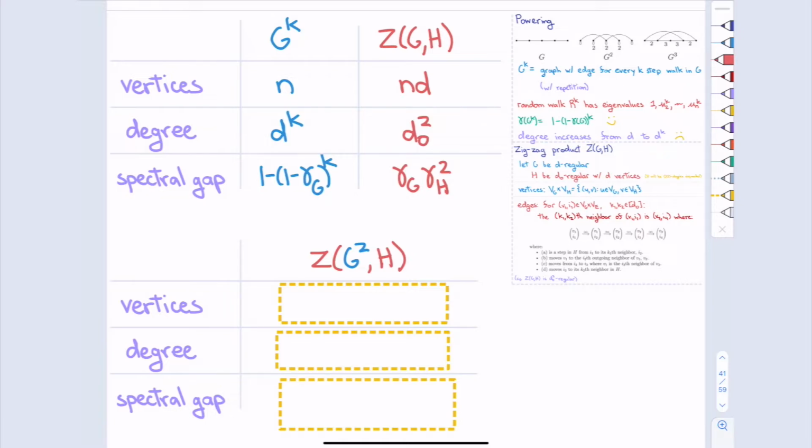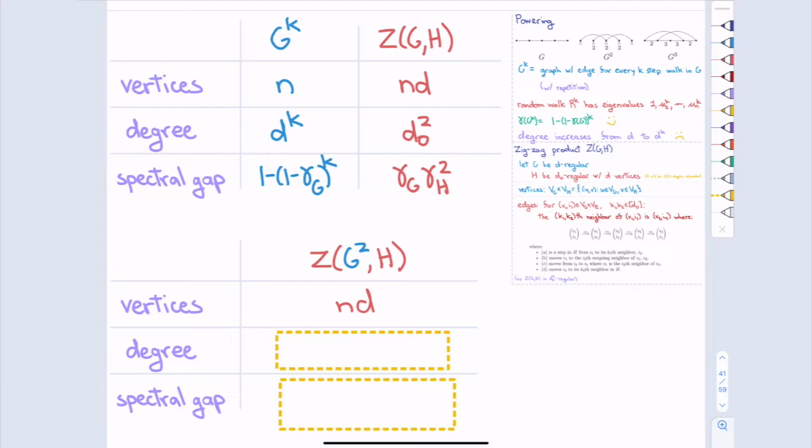Okay, I left these blank for you just to make sure we're on the same page. So the zigzag product of G squared and H. I take G, I square it, and then I do this crazy thing with H. H has degree D0. How many vertices are in this composition? ND. Good.